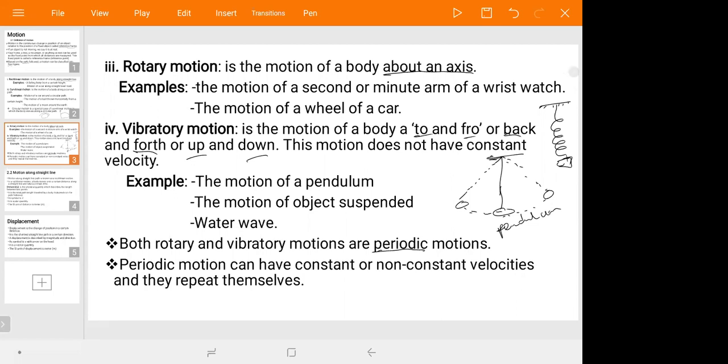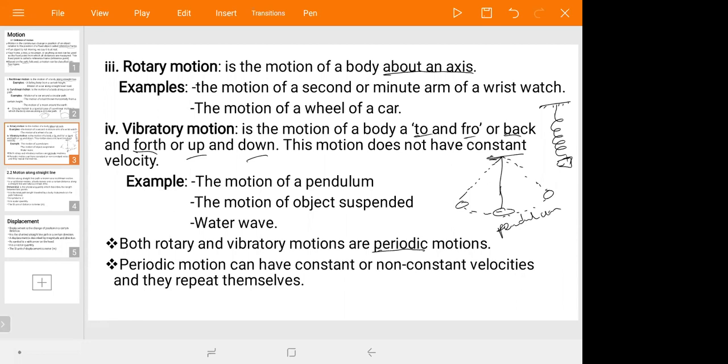If you see the motion of the wheel of a car, it repeats. The pendulum does have constant velocity. The wheel of the car may have constant or non-constant velocity, but it repeats by itself. Such a type of motion is what we call periodic motion.